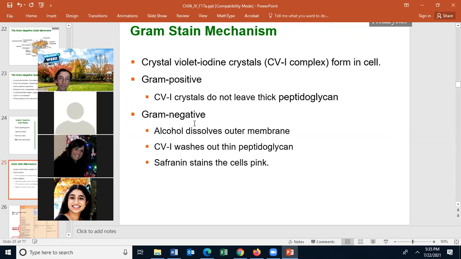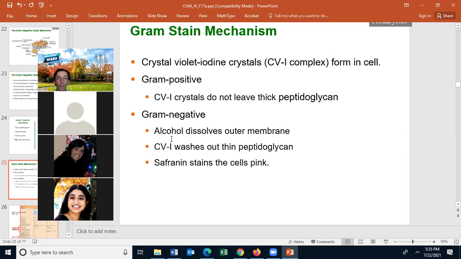In the gram-negative cell, the crystal violet iodine complex washes out of the thinner peptidoglycan. So that thin peptidoglycan layer makes these cells stain gram-negative in the gram stain.